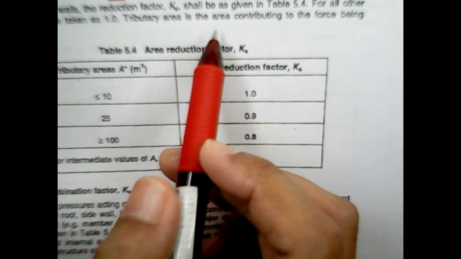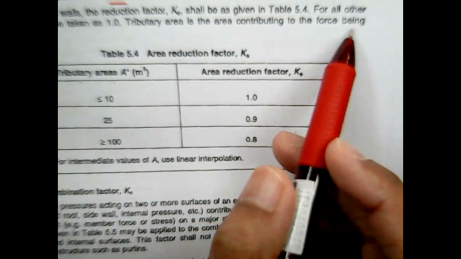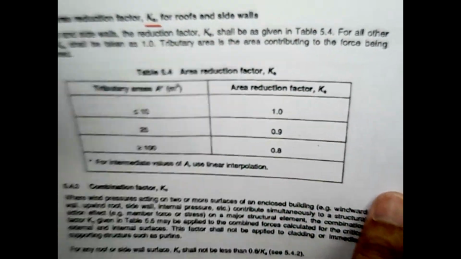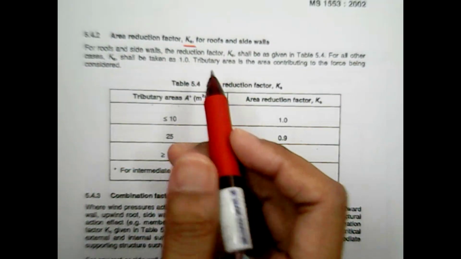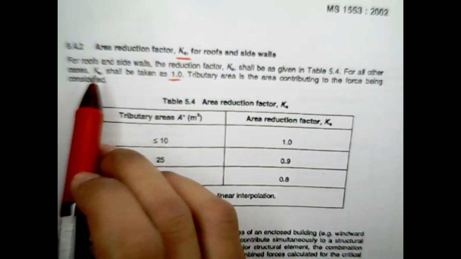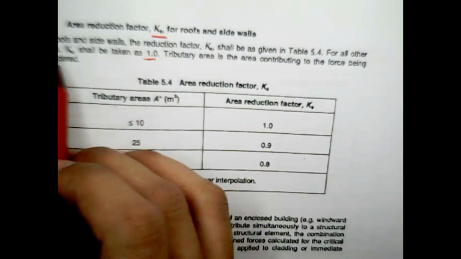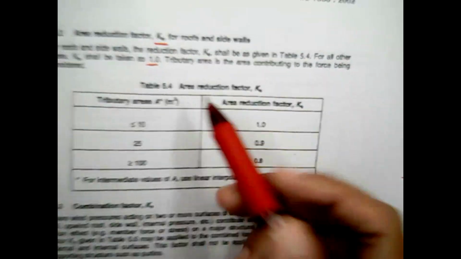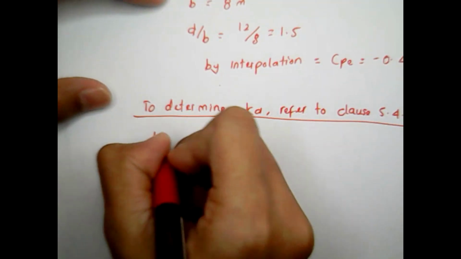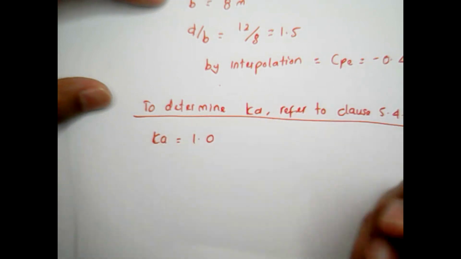So tributary area is the area contributing to the force being considered. So in our case, our KA is equivalent to 1 because we are designing for other cases. So now we know that our KA is equivalent to 1.0.